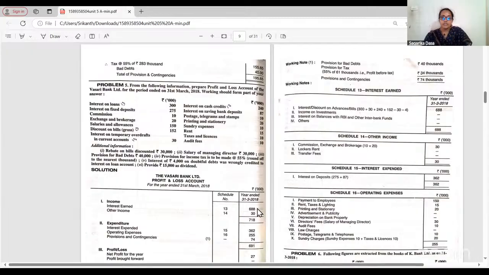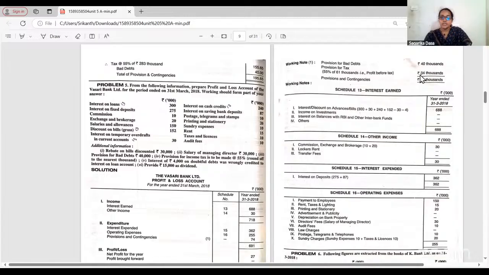Simply 688 plus 30 minus 362 minus 255 minus 40 is equal to 61. 61 into 55 percentage is 34. That is your provision for taxation.